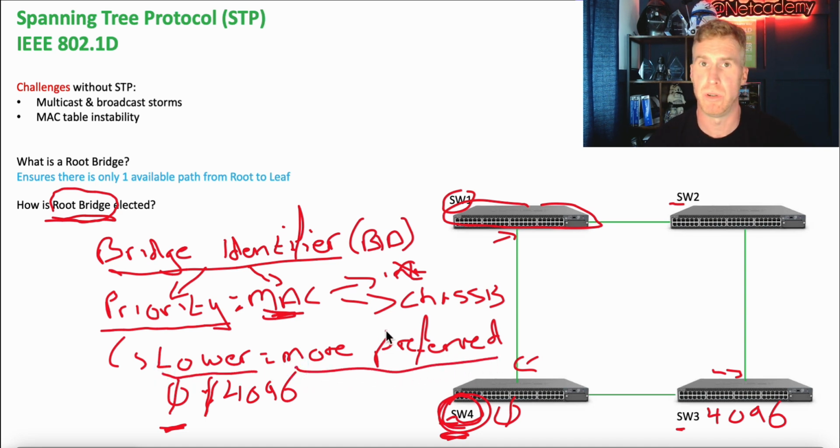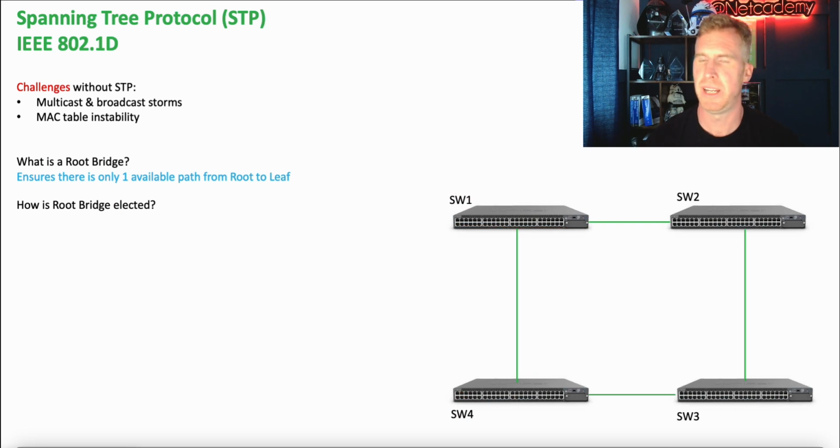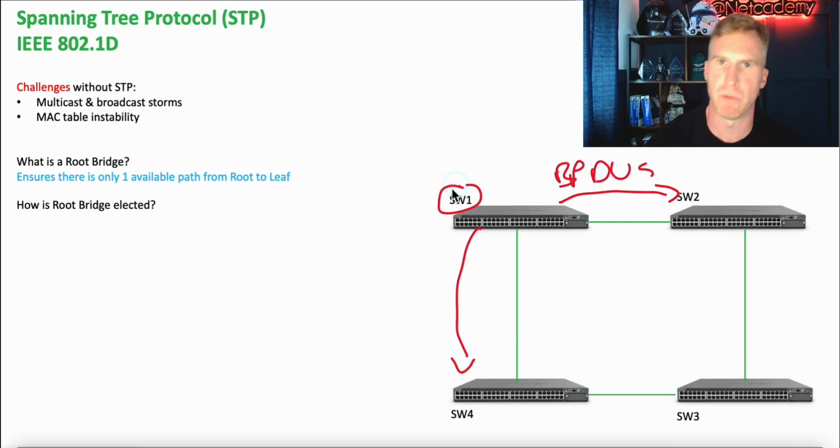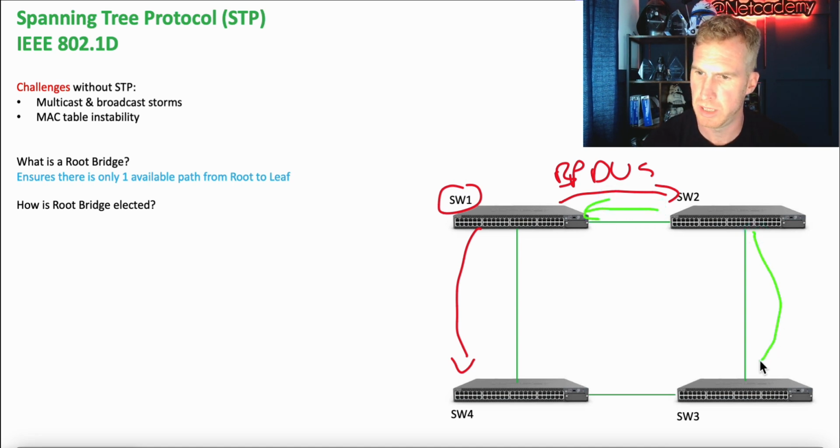But the interesting thing with spanning tree protocols is that when you first boot up this network, SW1 is going to send out of its ports those BPDUs, those bridge protocol data units, to say, hey, I'm the root bridge. At the same time, SW2 is going to send out its BPDUs to the adjacent switches to say, hey, I'm the root bridge. And you can see where I'm going here.